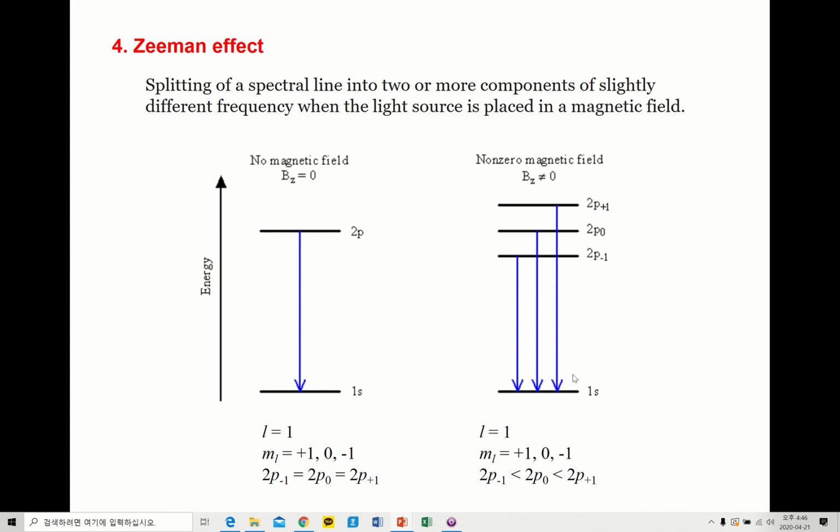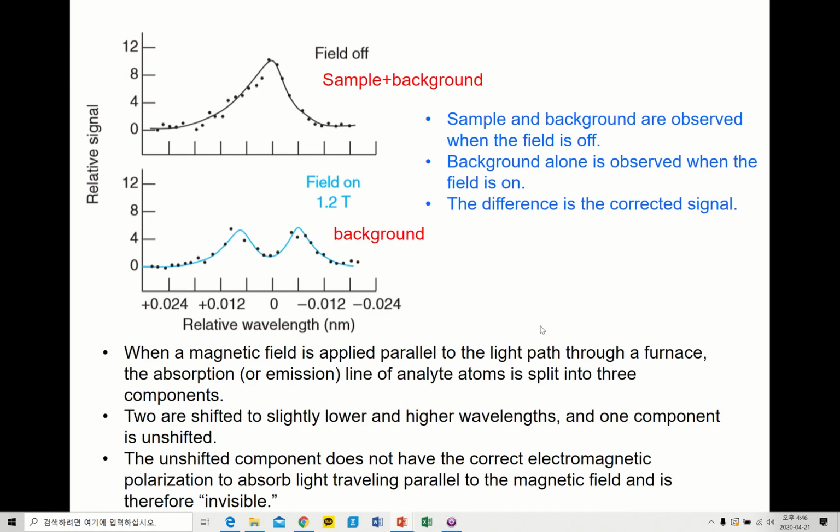How do we apply this Zeeman effect to correct the background? Here is the idea. Look at this: this is the relative signal spectrum from the atomic emission. When you turn off the magnetic field, you observe this signal, which contains sample and background as usual.